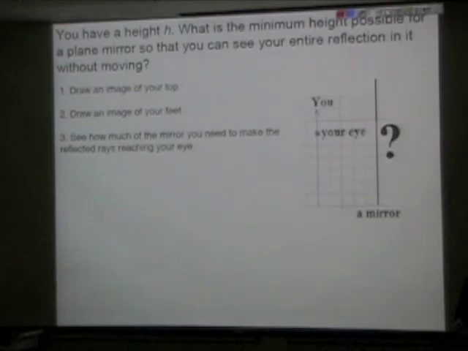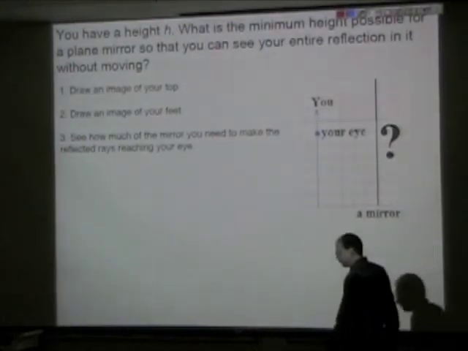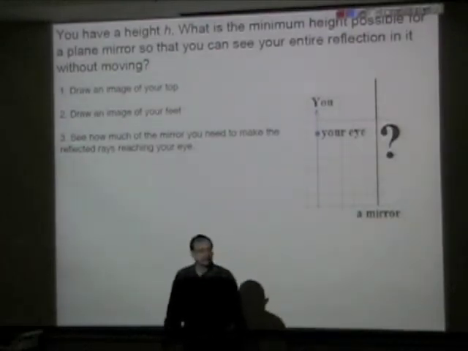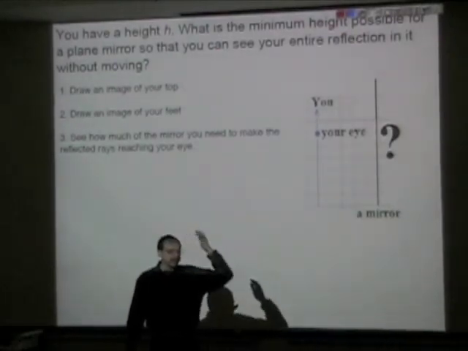Have you seen it in the movie? Well, I've got a big mirror like this. So could you please try to look at it? Do you see yourself completely? Just walk. Do you see the top of your head?